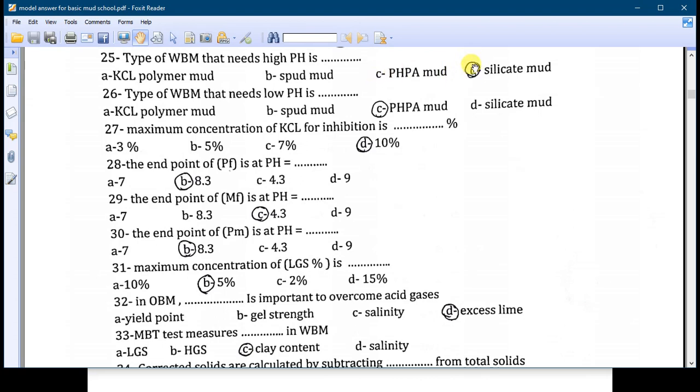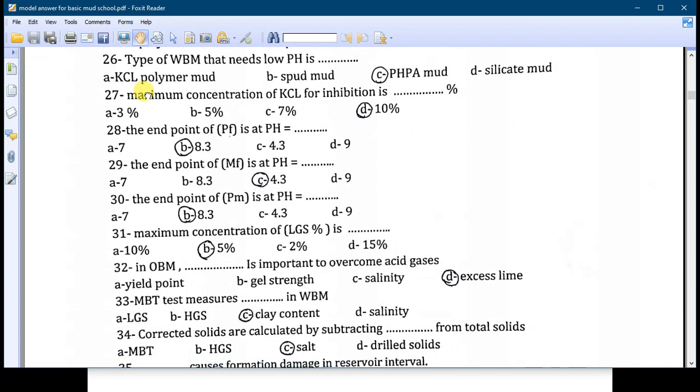But the silicate mud needs about 12. So the water-based mud that needs a high pH is the silicate mud. Number 26, the type of water-based mud that needs low pH is the BHBA, okay?